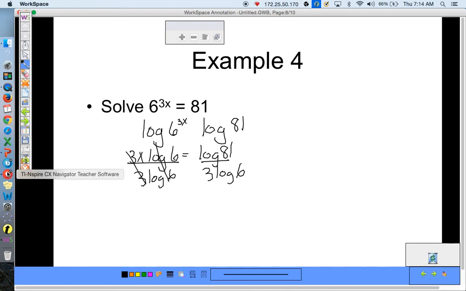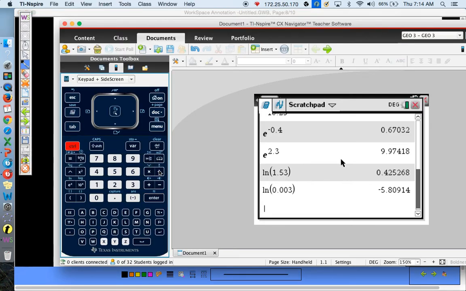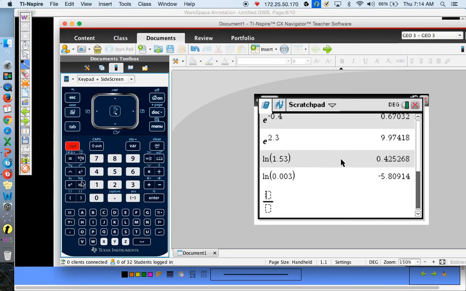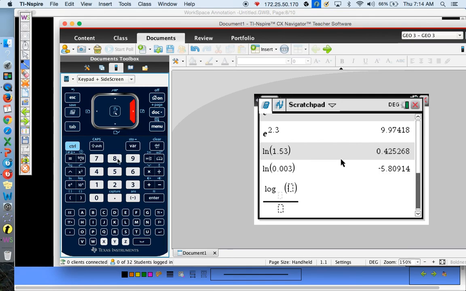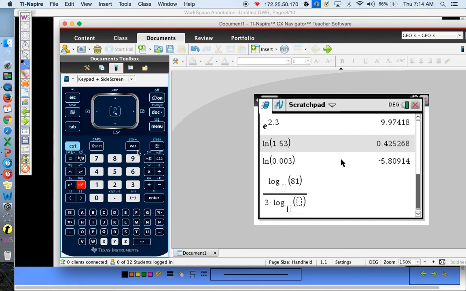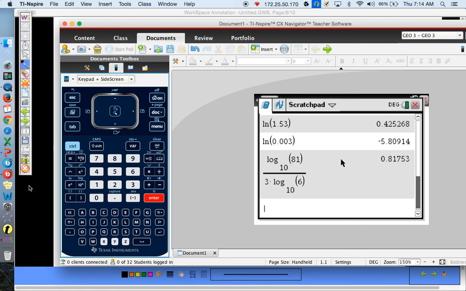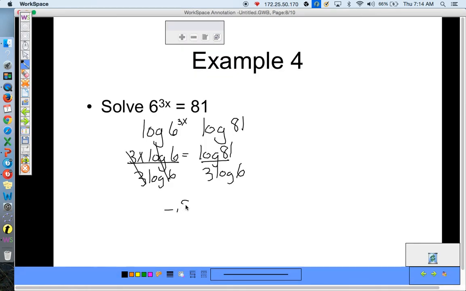So let's type that in. So we have log of 81, divided by 3 times the log of 6, negative 0.82. You would get the same thing if you would have natural logged each side and used that natural log key.